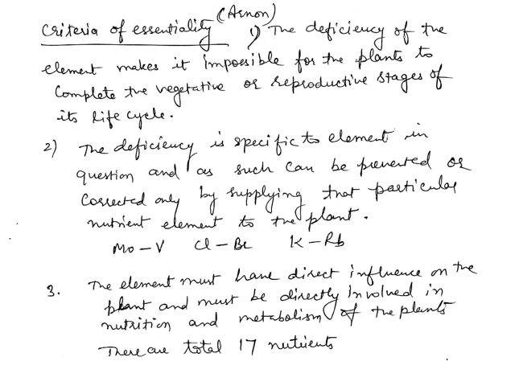So the second important point of essentiality is that the deficiency is specific to the element in question, and as such can be prevented or corrected only by supplying that particular nutrient element to the plant.